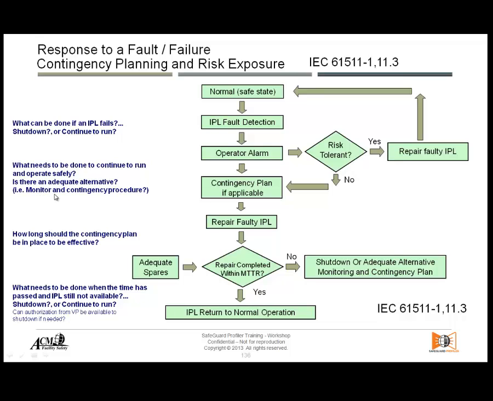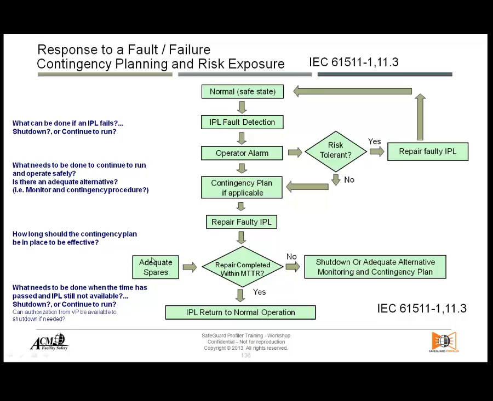For example, could I monitor and implement a specific procedure to supply that risk reduction that was lost by that independent protection layer? If the answer is yes, then you implement that contingency and you restore your faulty independent protection layer to full functioning, right?